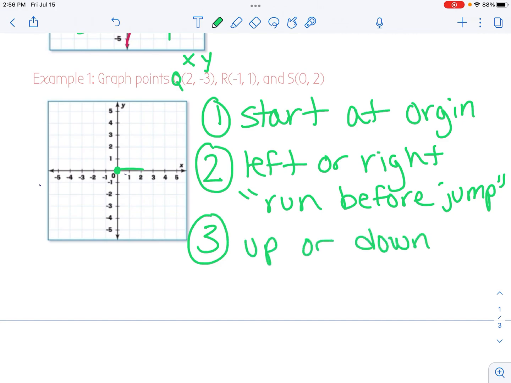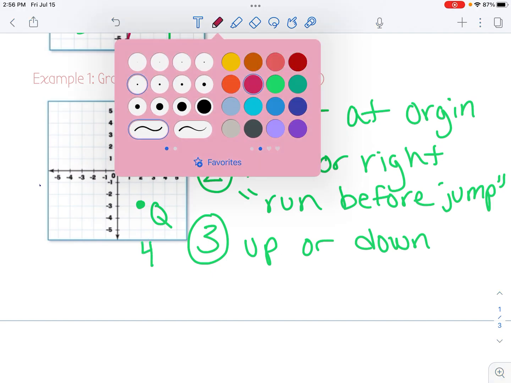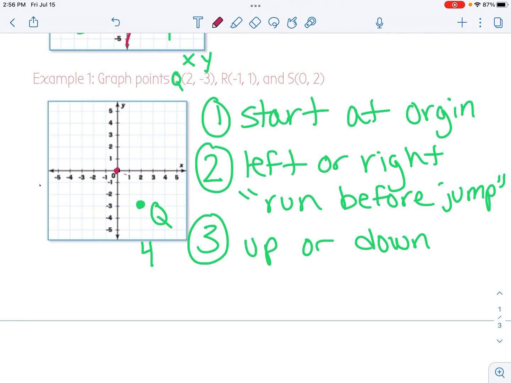So step 3 is going up or down. In this case, our y is negative 3. That means we're going to go down 3: 1, 2, 3. So my point for Q is at (2, -3). I'm going to go ahead and label my Q. And this is in quadrant 4.